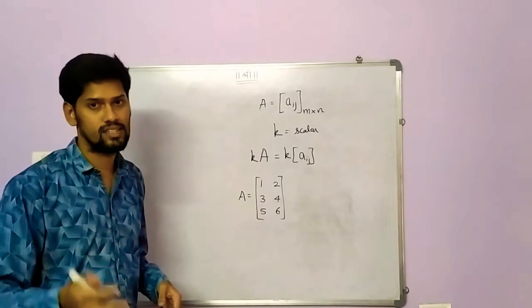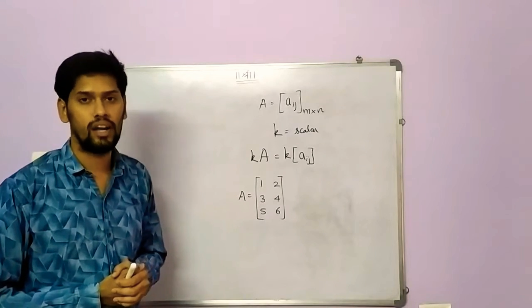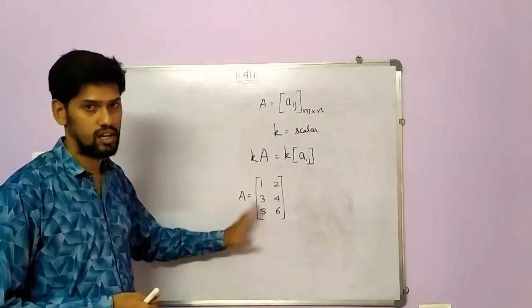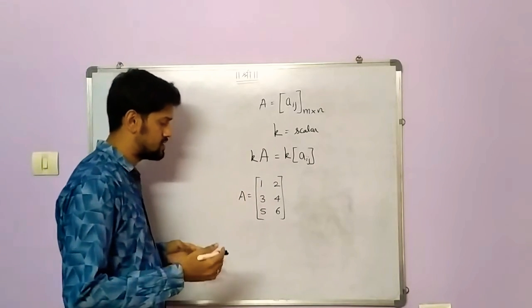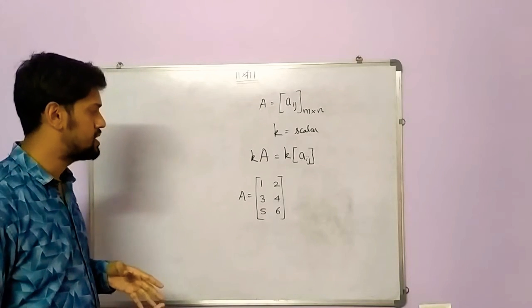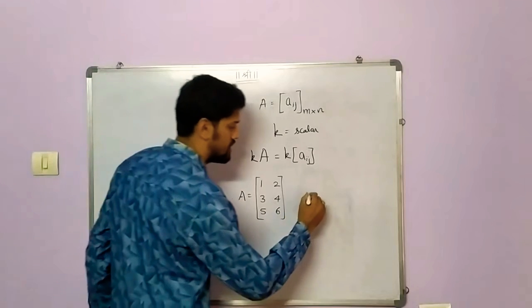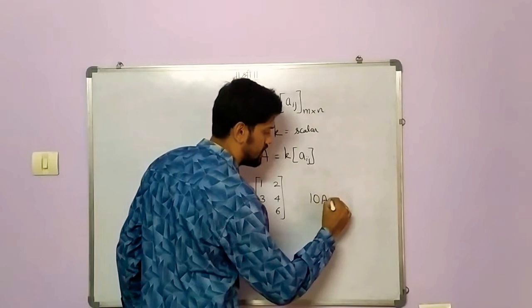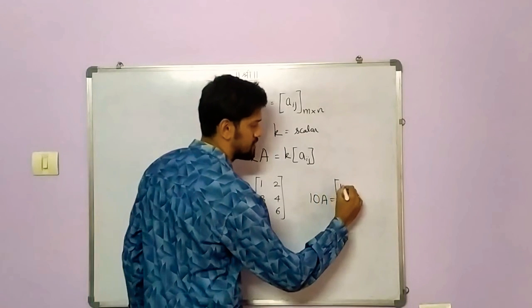I would like you to guess what the order of this matrix is. It is 3 by 2 because there are 3 rows and 2 columns. Now if I multiply a scalar, let us take 10, to this matrix, then 10A will look like this.